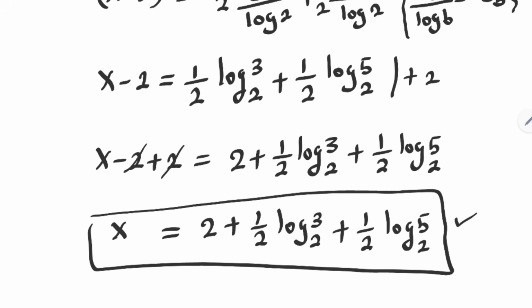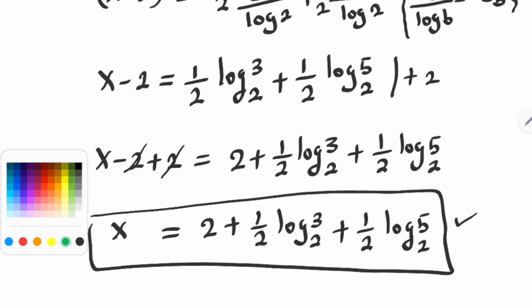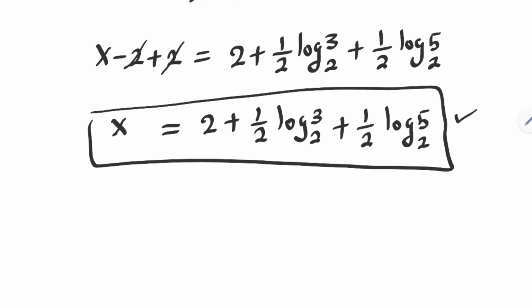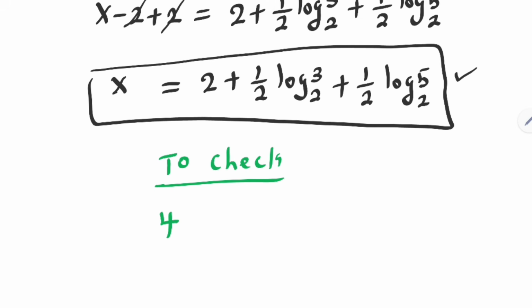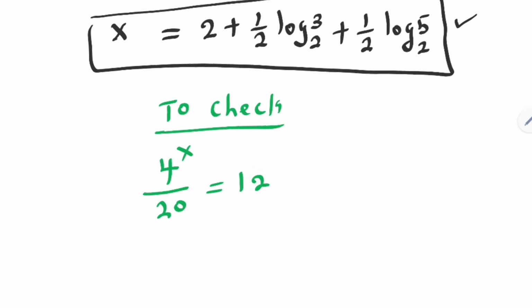We may check to confirm if this answer is right or wrong. Let's check. To check, we have the given equation 4 raised to power x divided by 20 is equal to 12.